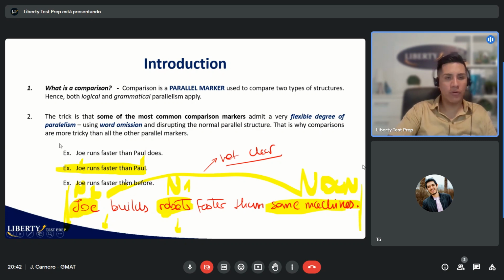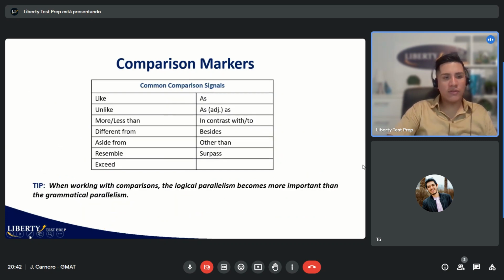Okay, very good. So now let's talk a little bit about the comparison markers. We have a full list of markers. We've mentioned before that comparisons are a little bit flexible, but that's not true for all the markers. Only some markers are going to be flexible. For example, whatever ends with "than," like "more than" or "less than," can make these exceptions.